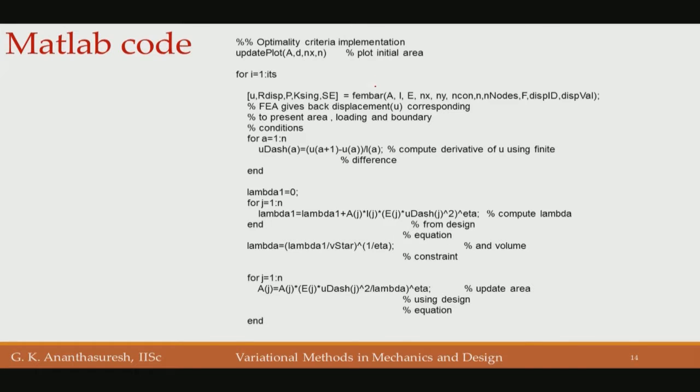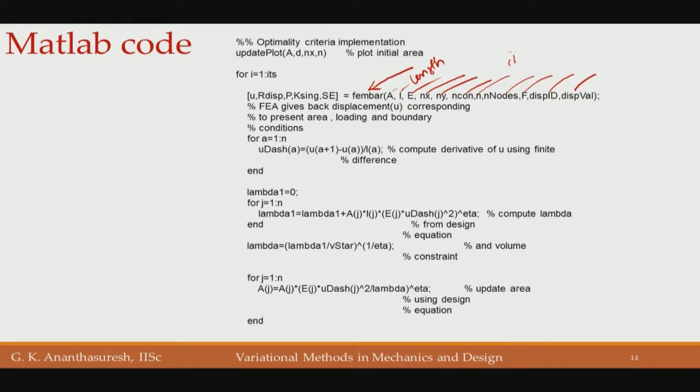So, first thing is we are calling FEM bar, that takes the area of cross section, the second moment (this actually is not needed here, this is actually the length of the bar L, it is not I), and then Young's modulus, x coordinates, y coordinates are not needed, ncon, number of elements, number of nodes, force vector, disp ID, disp val that we described.